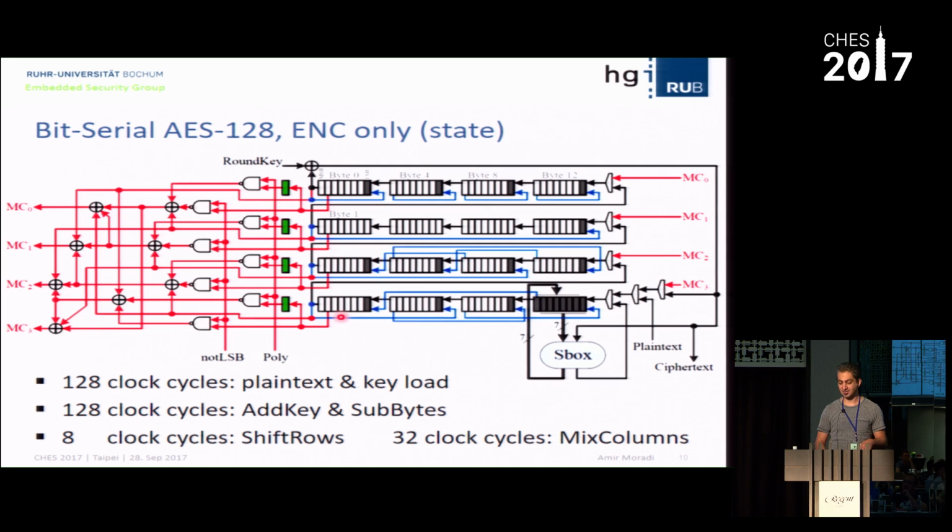In the last clock cycle of the shift rows, the last bit is also saved in these green registers, and they define whether we have the extra addition or not. Then it goes through the network of these gates to give a 4-bit output of the mix column. Every clock cycle, 4 output bits of the mix column are ready and stored in this column, meaning in 32 clock cycles we can realize the mix column.